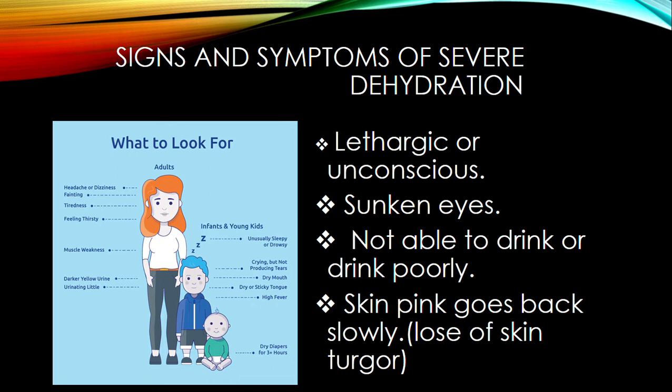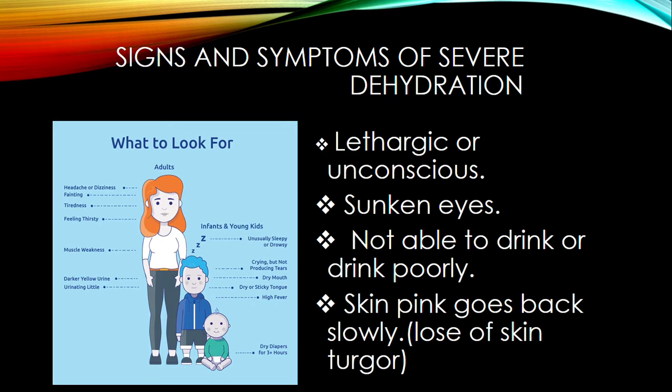Then the child will be unable to drink. Remember that in some dehydration, the child was eager to drink. Now in severe dehydration, because they are unconscious, they are in shock, they can't even drink anything. Then there is the severe loss of skin turgor. So this is an emergency.